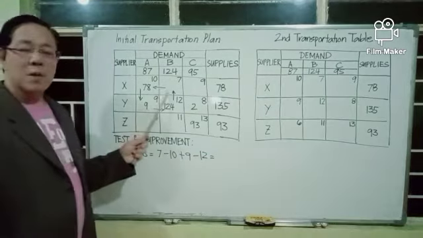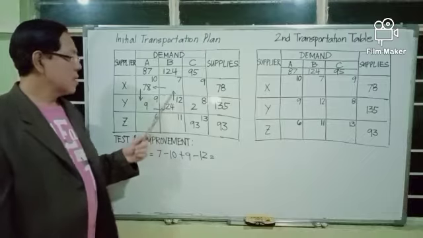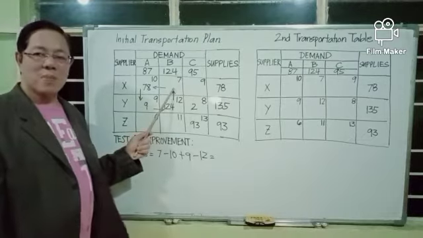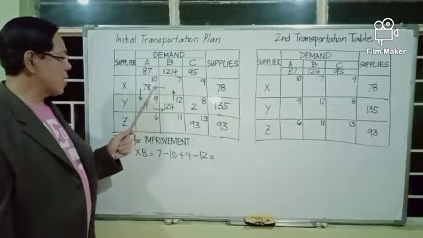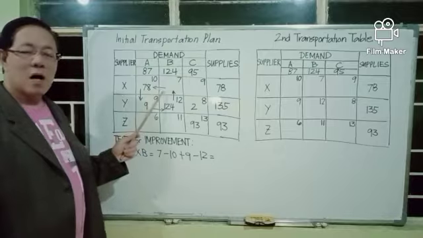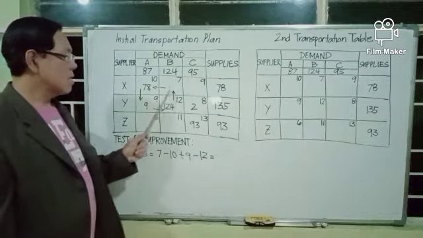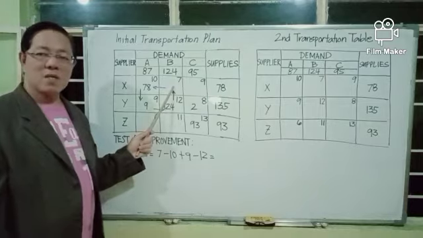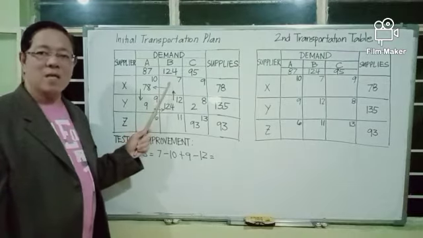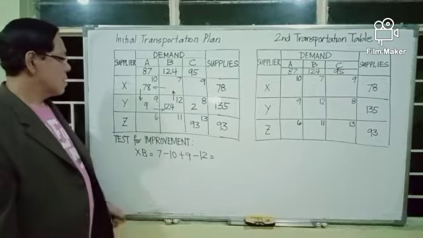And this is the closed path I was telling you about earlier. For each of the vacant cells, we will trace a closed path, and a closed path consists of a combination of alternating horizontal and vertical movements. And it is closed because we should end up at the same vacant cell where we started out.